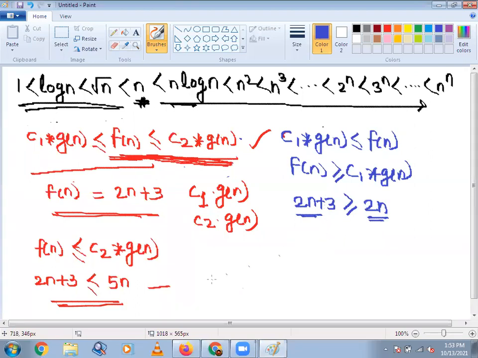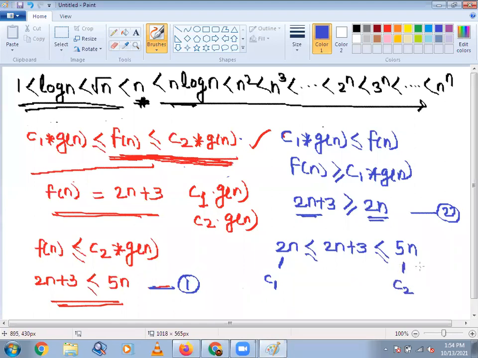So we can combine these two equations. This is equation 1, equation 2, then 2n is less than or equal to 2n plus 3 is less than or equal to 5n. Here 2 is c1, 5 is c2, n is g of n, and this part is f of n. Are you getting?